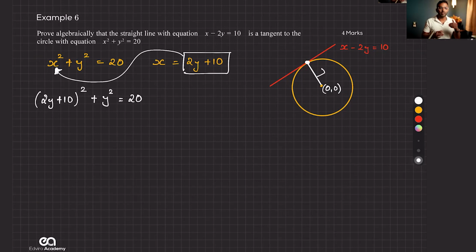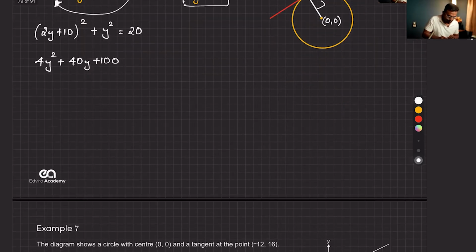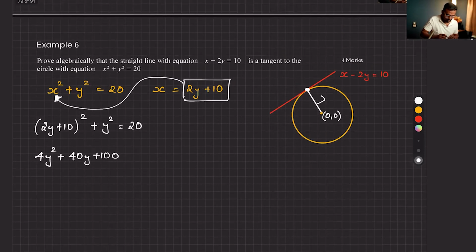Now, what is the very next obvious step? To expand. That would be 4y squared plus 40y plus 100, oops, sorry, plus y squared equals 20. Simplifying this is simultaneous equation.